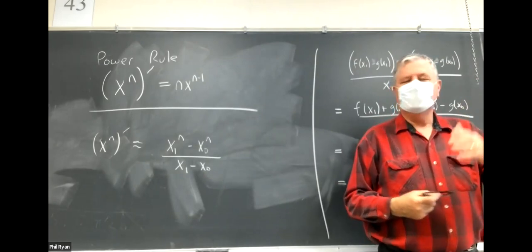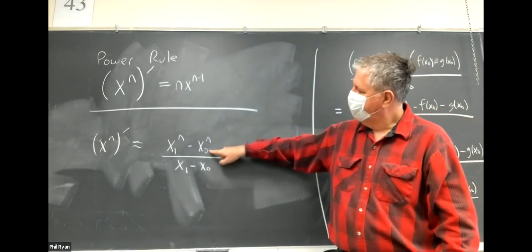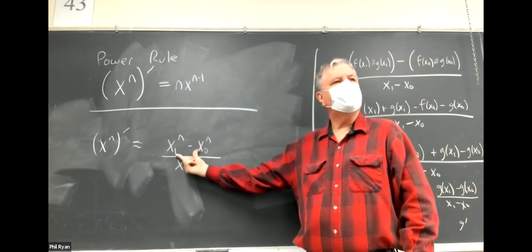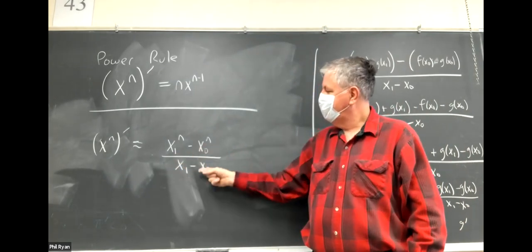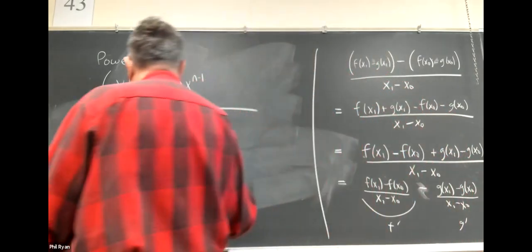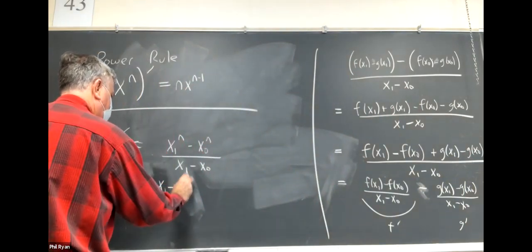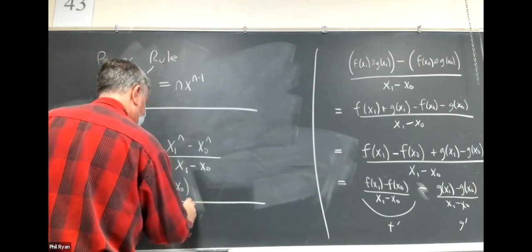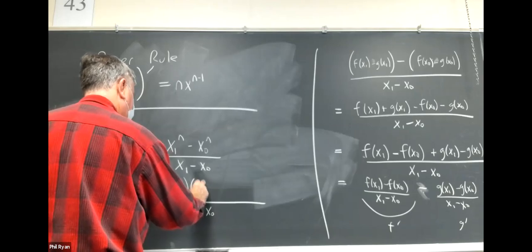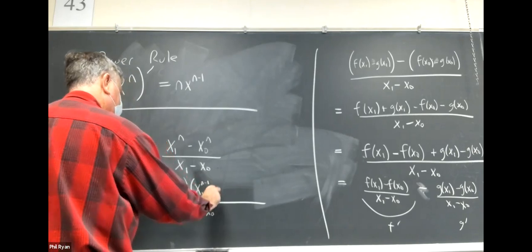We like to see if there's a common factor, and there is one, because if x1 equals x0, this is 0 and that's 0. So this is a factor of that, and here is the answer.